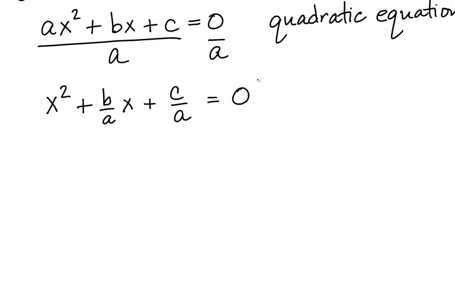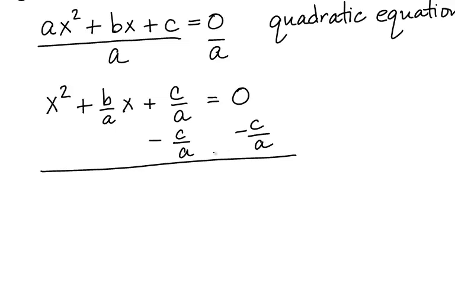Then you take the constant term over to the other side. So we're going to subtract c over a. And when I do that, I always leave a space. So I'm going to have x squared plus b over a x, leave a space, equals the opposite of c over a.